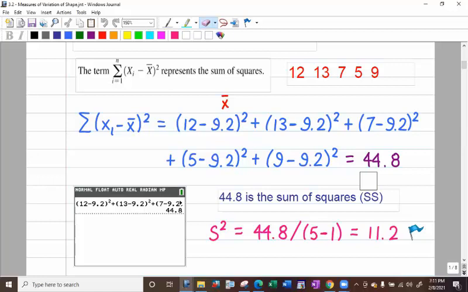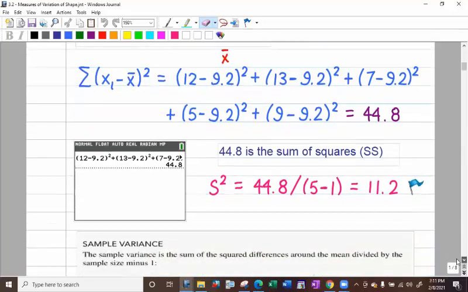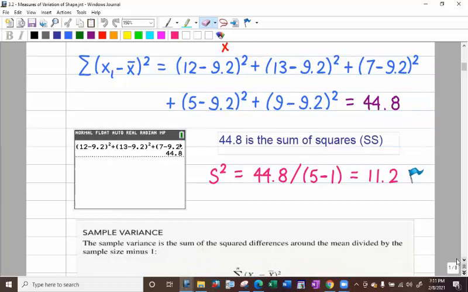To calculate the sample variance, we take the S squared's 44.8 divided by 5 minus 1, which is 4, and you get 11.2. This one happened to come out nice, but if it's a bunch of decimal places, you'll round to the decimal places that MyMathLab asks for.